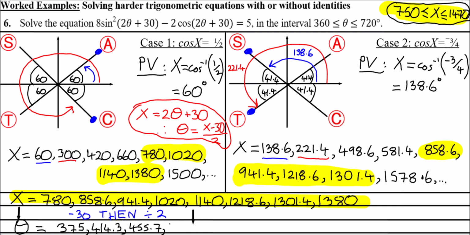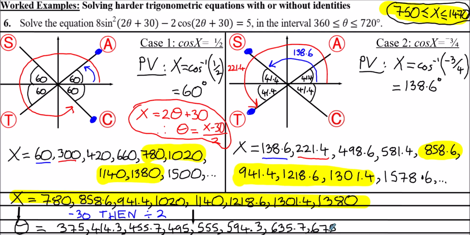Then 495. 1140 minus 30 is 1110. Divided by 2 we get 555. This one we get 494.3 to 1 decimal place. This one 635.7. And finally 1380 minus 30 divided by 2, we get 675.